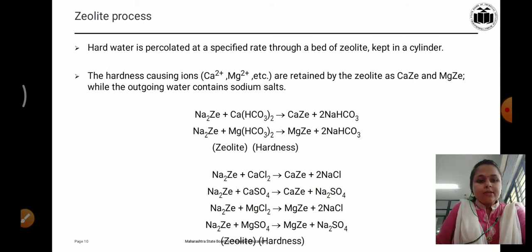This sodium zeolite also reacts with magnesium chloride and magnesium sulfate, and after the reaction they form MgZe plus 2NaCl and MgZe plus Na2SO4. It means these sodium impurities, that is sodium bicarbonate, sodium chloride and sodium sulfate, remain in the soft water as they are.